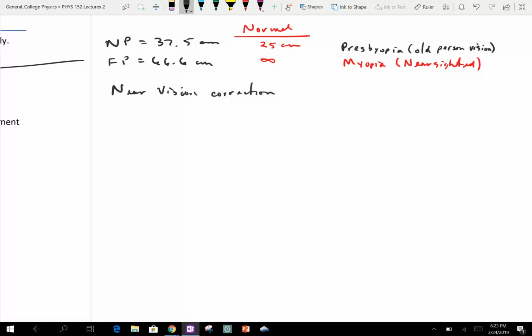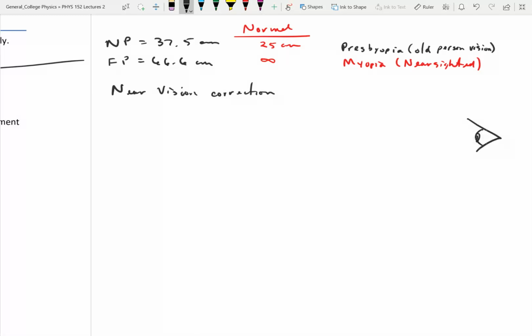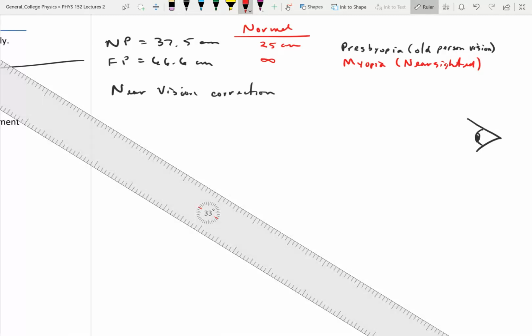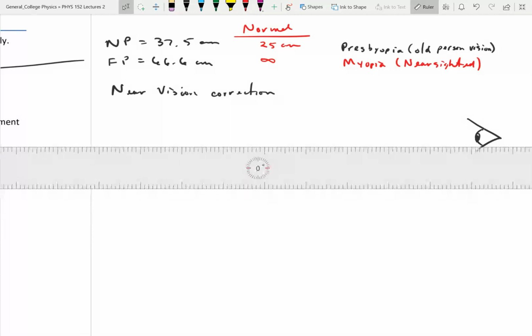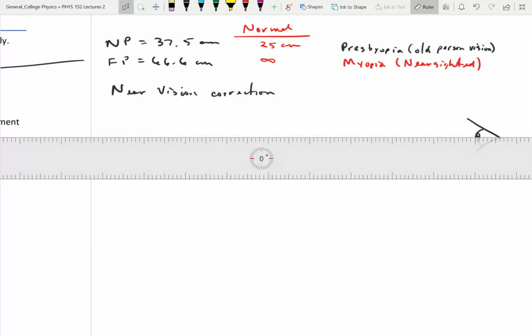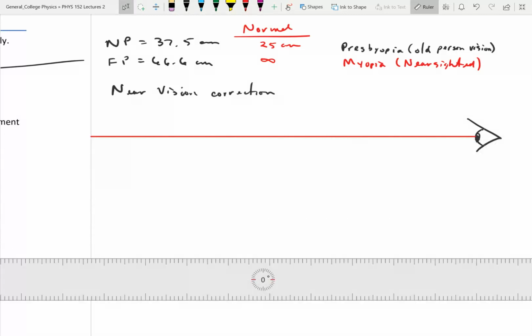we're going to have her eyeball, and I'm going to draw an optical axis here just to make life good. A principal axis, if you will. And we want to put an object at the normal near point.